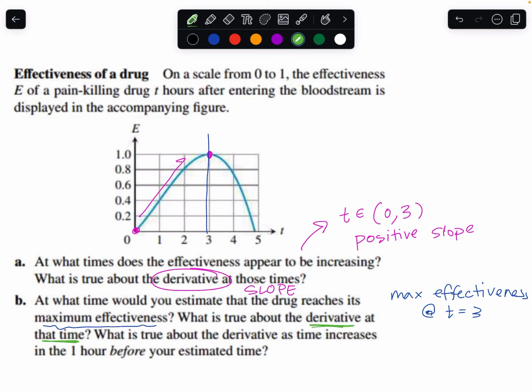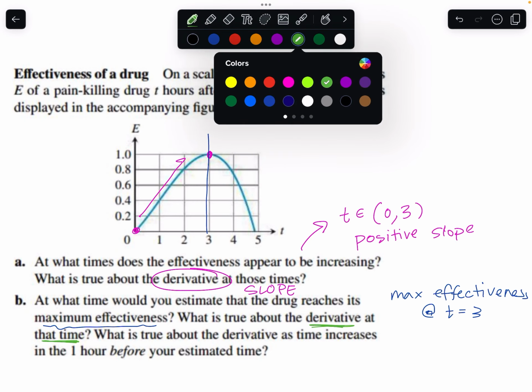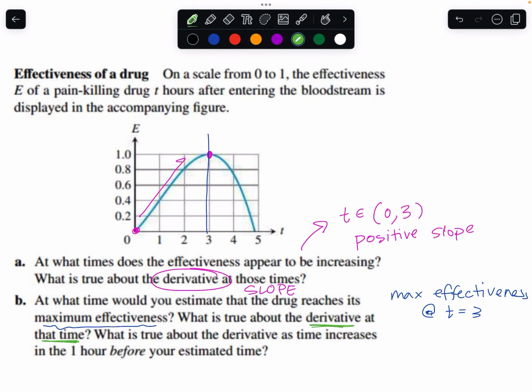Hopefully you're all intuiting with me that we would have a horizontal tangent line, and a horizontal tangent line means the derivative, E prime, is going to equal 0 because the slope of a horizontal line is 0.